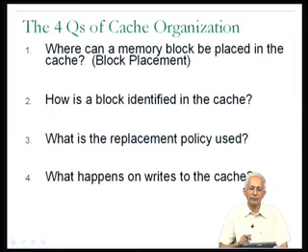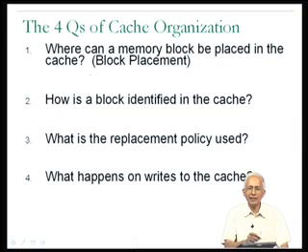The first of the questions is, among all the different cache locations, cache blocks, for a given main memory block, where could it be placed inside the cache? We've seen that the main memory is many times the size of cache, thousands, tens of thousands, hundreds of thousands times the size of cache. Therefore, very clearly for each cache block, there are going to be tens of thousands of main memory blocks which will potentially enter the same cache block.